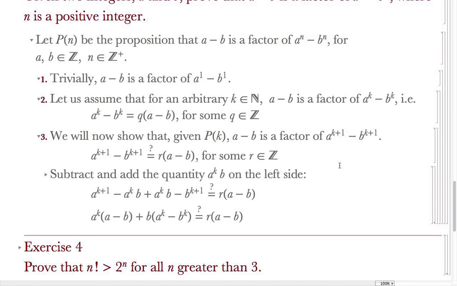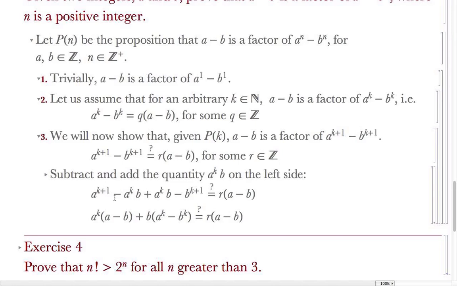I'm only working on the left side, so what I'm doing is perfectly legal. I'm going to subtract a to the k times b and add it right back. So I've added nothing, but I've added nothing in a form that's going to enable me to factor things in a way that shows me that what I'm trying to show is true.